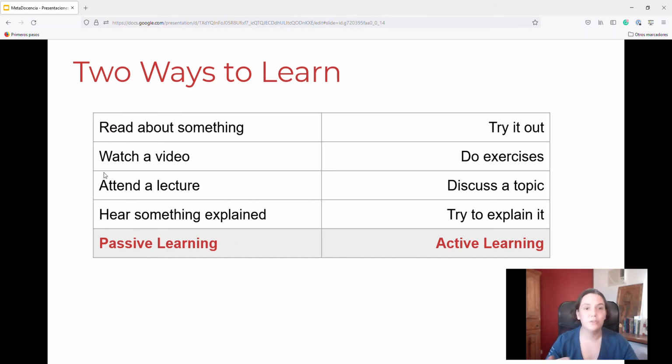Those strategies on the right, for example, try it out, do exercises, discuss a topic, try to explain it, are strategies of use while learning. And the latter always beat the former, even when sometimes students say that they prefer passive learning.